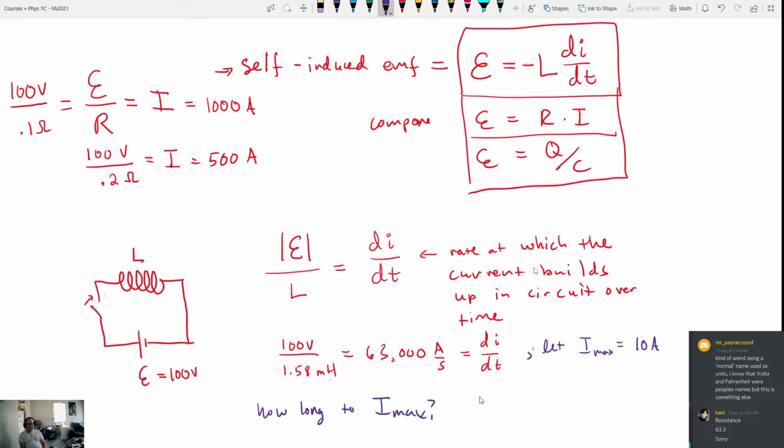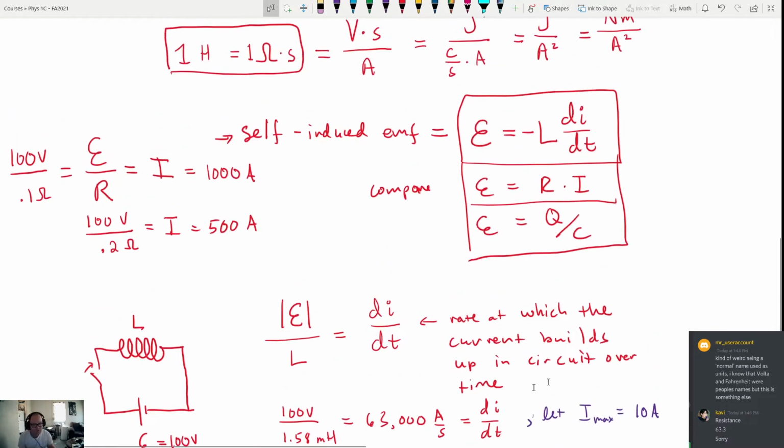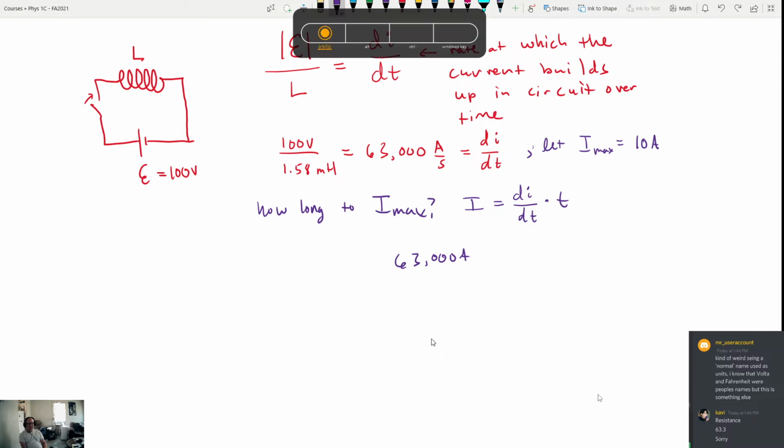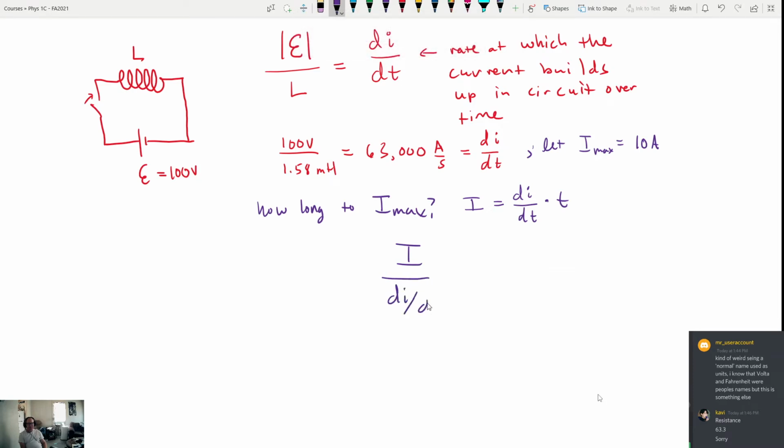And the answer would be, you could say the current in the circuit is just going to be equal to the rate at which the current builds up multiplied by the time. So if we take 63,000 amps per second and we divide by, other way around, my bad. Shouldn't skip steps. If I take I divided by the buildup of the current, which is di/dt, that's going to be equal to the time.